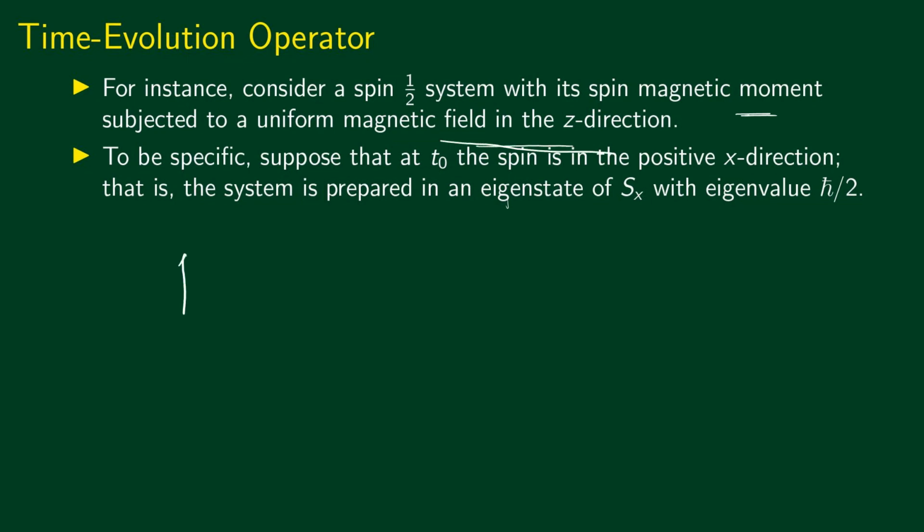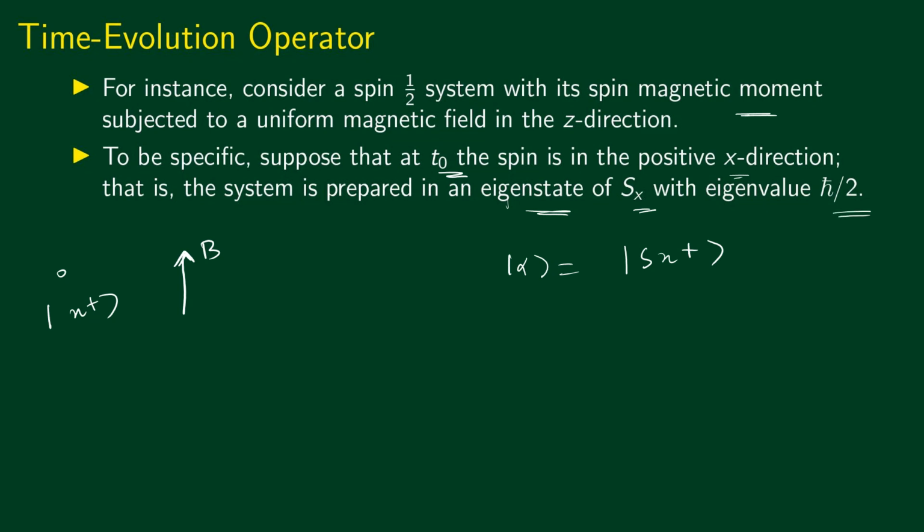Now let's consider the initial state at time t0 to be |Sx+⟩. That is, our |α⟩ in this case is simply |Sx+⟩. So suppose that at time t0 the spin is in the positive x direction, that is, the system is prepared in an eigenstate of Sx with eigenvalue ħ/2.